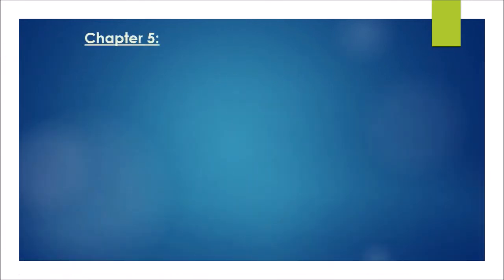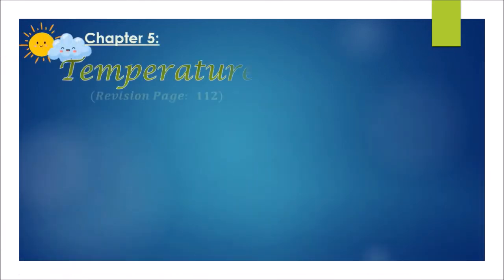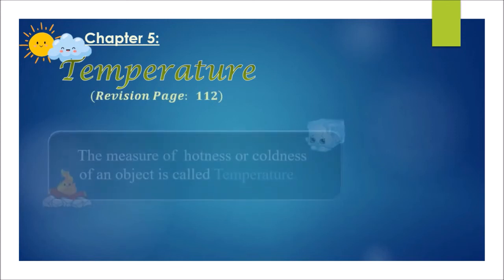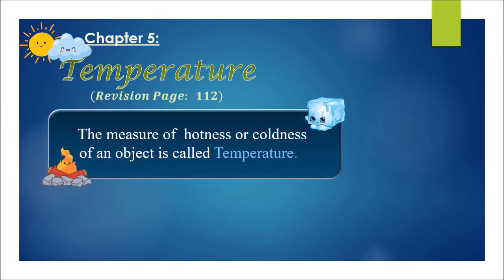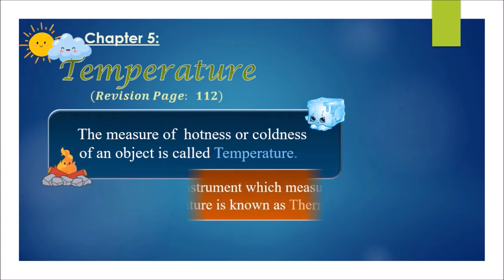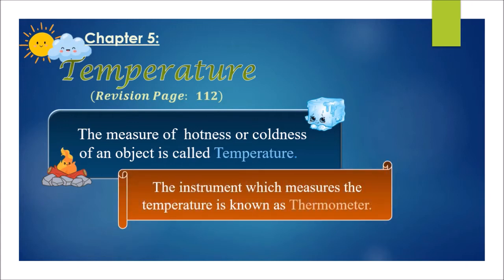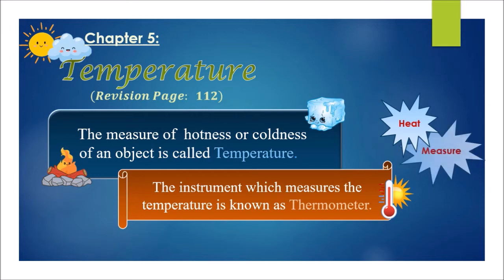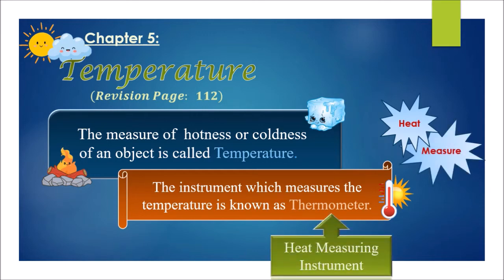Let's move on to the next topic, which is temperature. Temperature is the measure of hotness or coldness of any object, and the instrument which measures the temperature is known as thermometer. Thermometer comes from two ancient Greek words that means heat and measure. So that's why we also called it heat measuring instrument.